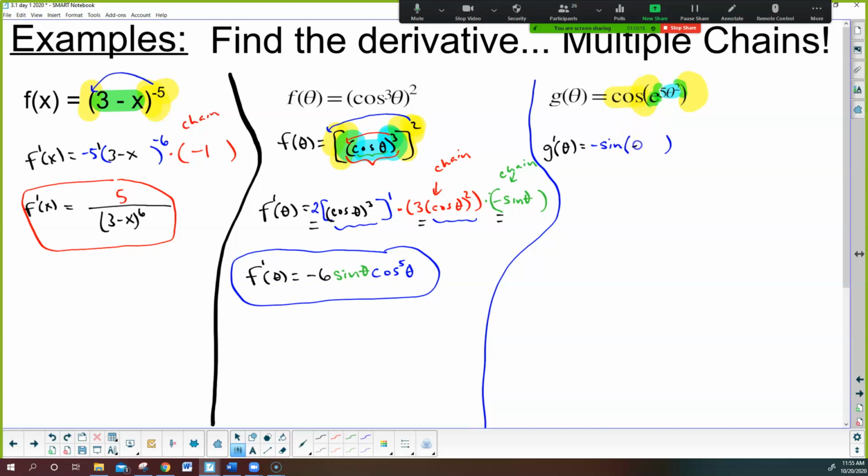So e to the 5 theta squared. And our first chain rule then is the derivative of the inner part. Well, the derivative of e is e to whatever was originally up there. That's the first chain.